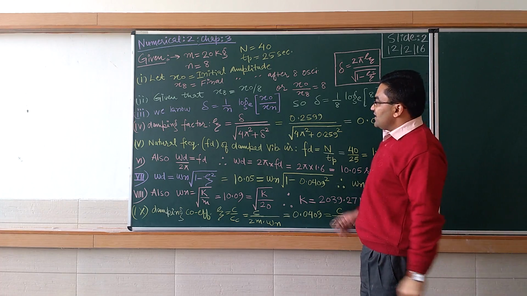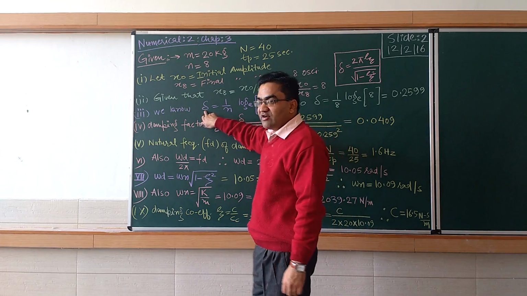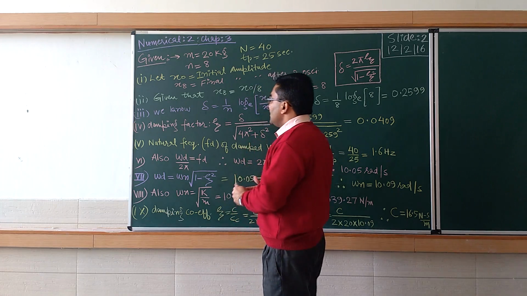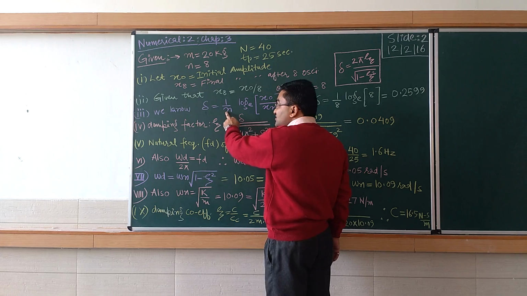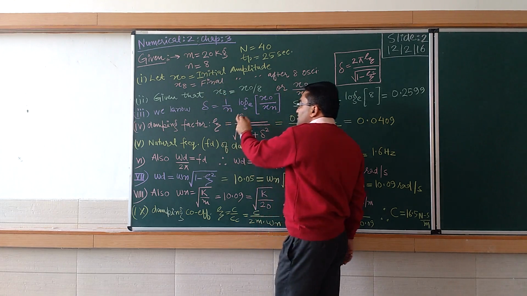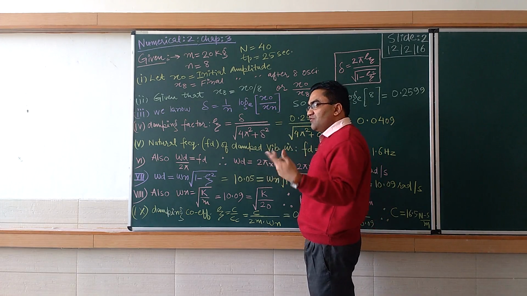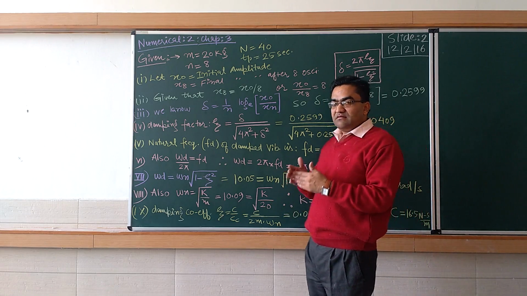Now, point number 3: we know the formula of the logarithmic decrement, and we have to find the logarithmic decrement. The logarithmic decrement equals 1 by n, where n is the number of oscillations, which is also given, times the log of e, x0 divided by xn, where x0 is the initial amplitude and xn is the amplitude of the nth oscillation.